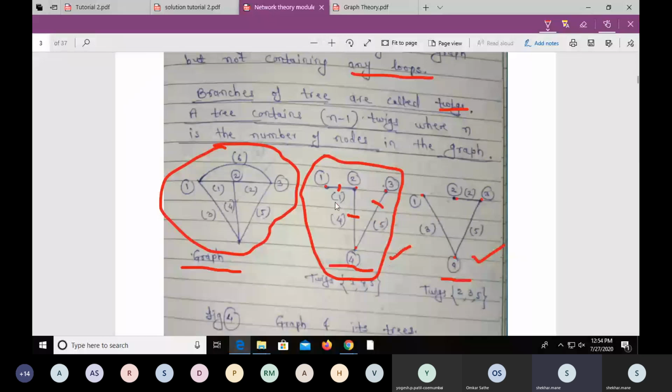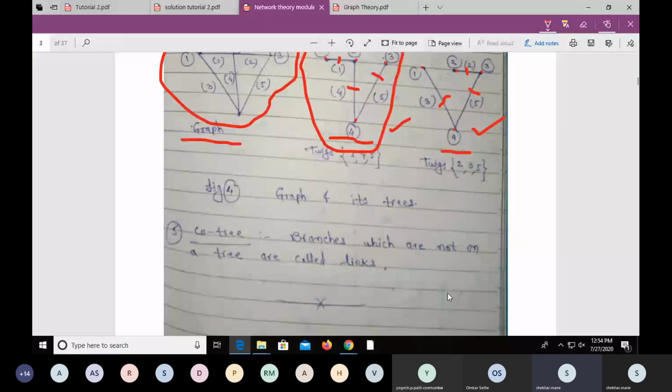So here the twigs are 1, 4, 5: branch number 1, branch number 4 and branch number 5. And here the twigs are 2, 3, 5: branch number 2, branch number 3 and branch number 5.